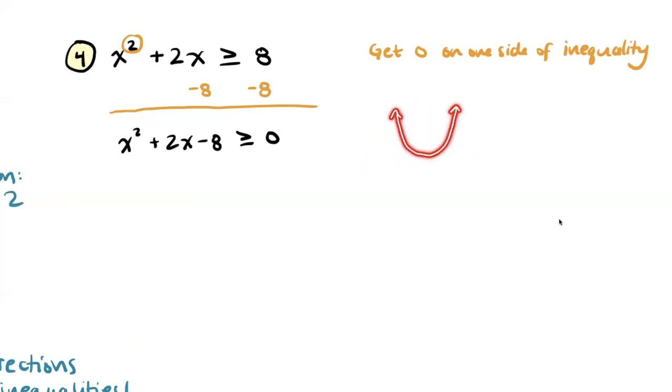When you graph this, it's going to have some places where it's positive, above the x-axis, greater than 0. Some places where it's negative, below the x-axis. And then there's these places where it crosses the x-axis, where it is equal to 0.